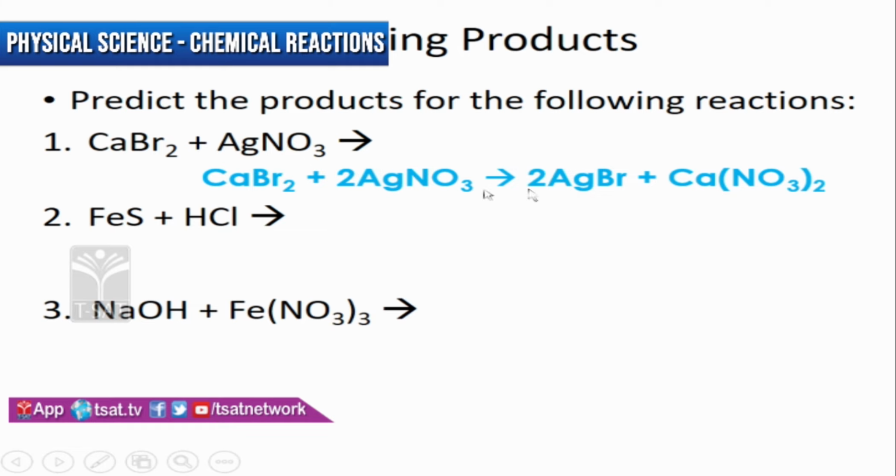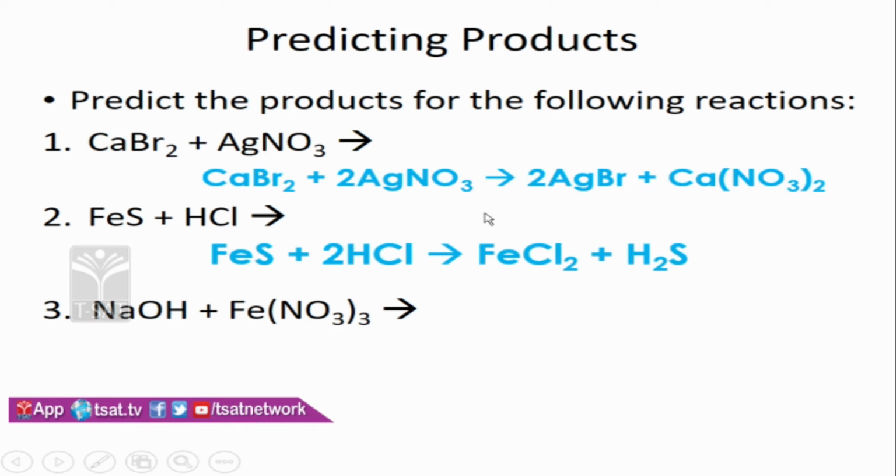So, calcium bromide reacts with silver nitrate to form silver bromide and calcium nitrate. Nitrate and bromide, they are interchanged. Silver exchanged nitrate for bromine, calcium exchanged bromine for nitrate. Here, iron exchanged sulphide ions with chlorine. So, FeS converted into FeCl2, iron chloride.